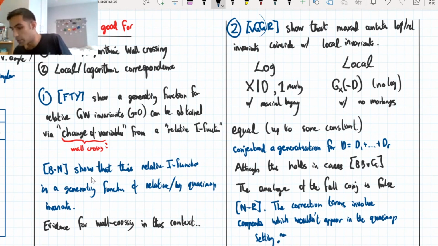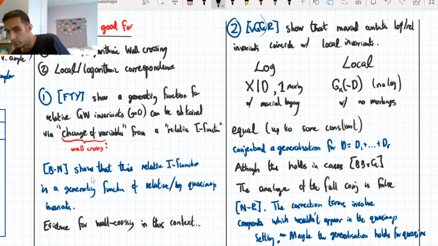So, speculation: maybe the generalization holds for Quasimaps.